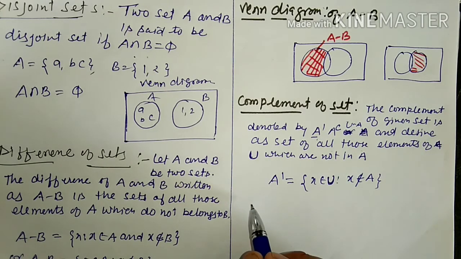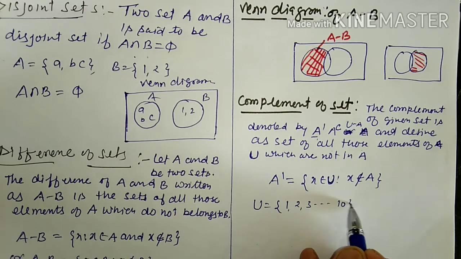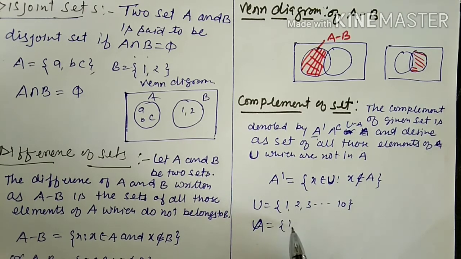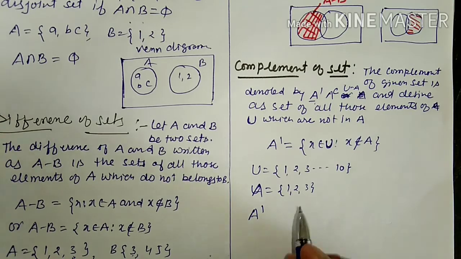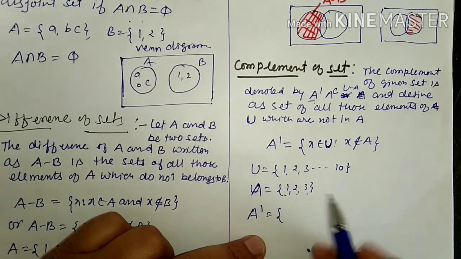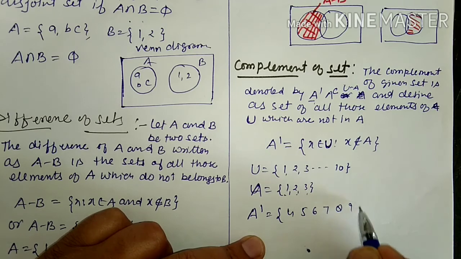So we can take an example. U is a collection of 1, 2, 3 and up to 10, and A is a set containing 1, 2 and 3. So A complement can be written as: 1, 2, 3 ये तो cancel out हो गए, will not take these. So the elements 4, 5, 6, 7, 8, 9 and 10.